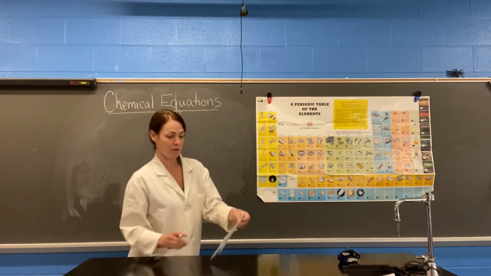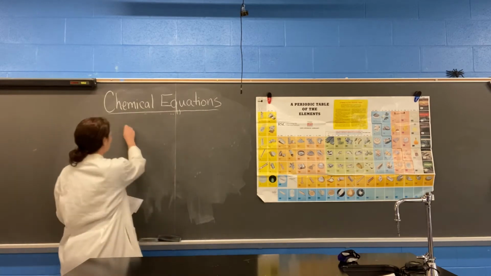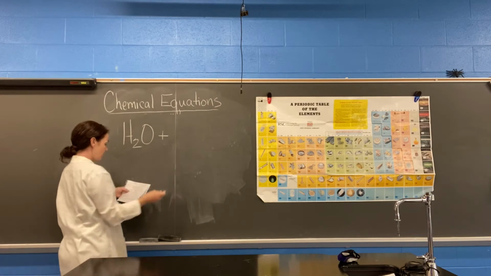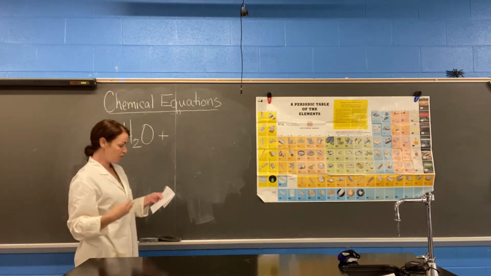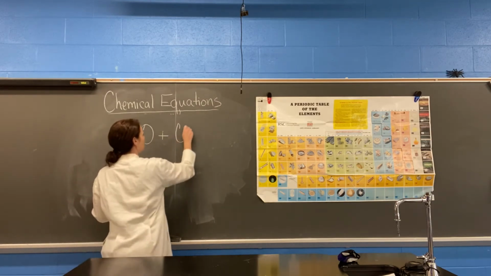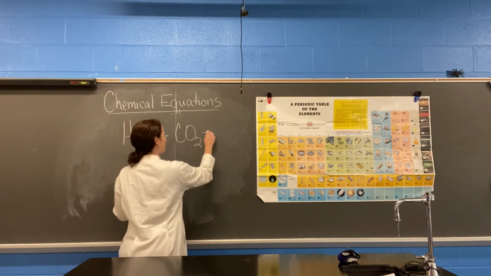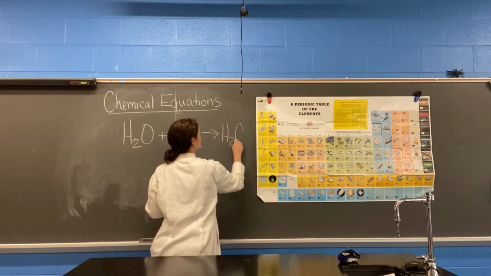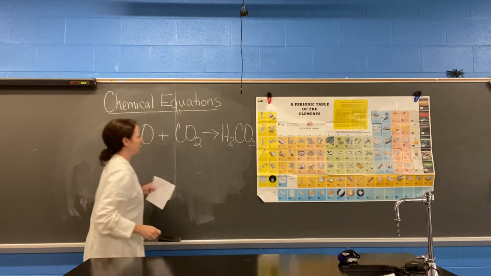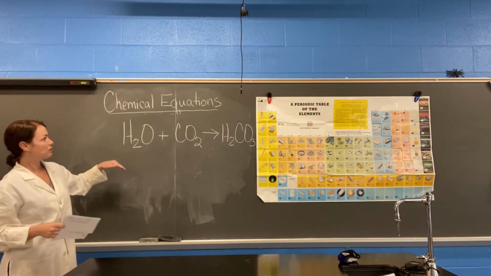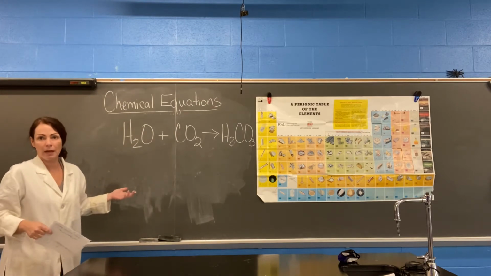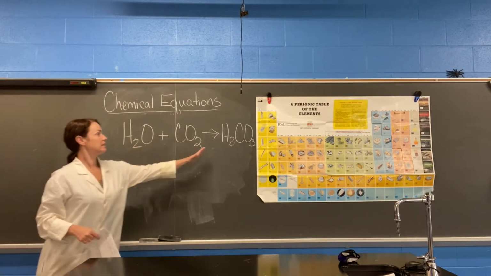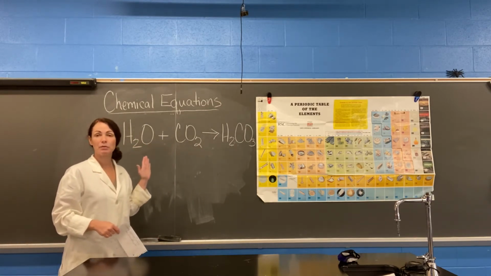But now we're going to move on and actually take a look at a chemical equation. In this case, we're going to use chemical formulas, but we're also going to show what happens in a chemical reaction. So this is what a chemical equation looks like, and really it's just shorthand for what happens in a chemical reaction. When we look on this side of the arrow, those are the things that we start with.